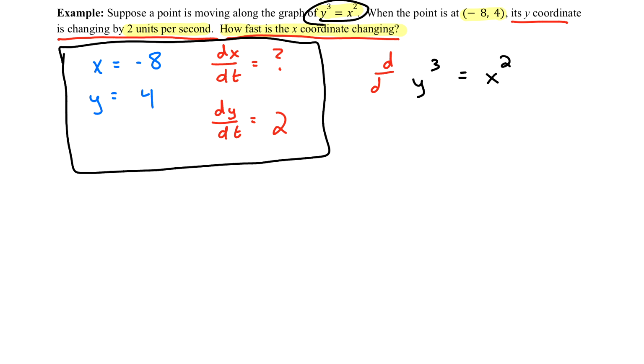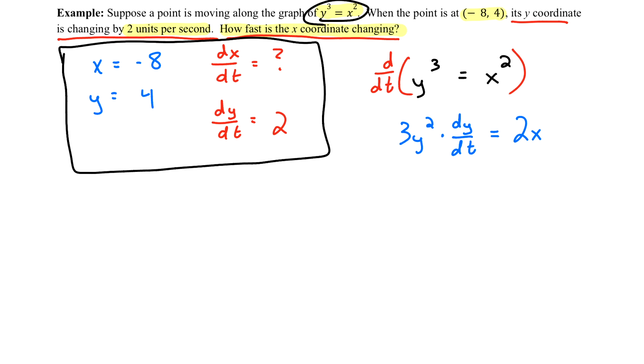So I want to take the derivative of both sides of my equation now with respect to time t. Now, neither one of these is written with respect to time t, so I am going to have to use implicit differentiation. I am going to have to use the chain rule here. So the derivative of y cubed using my power rule is going to be 3y squared, times the derivative of y with respect to t, that would just be dy over dt, is equal to, now I want the derivative of x squared, which would be 2x using my power rule.